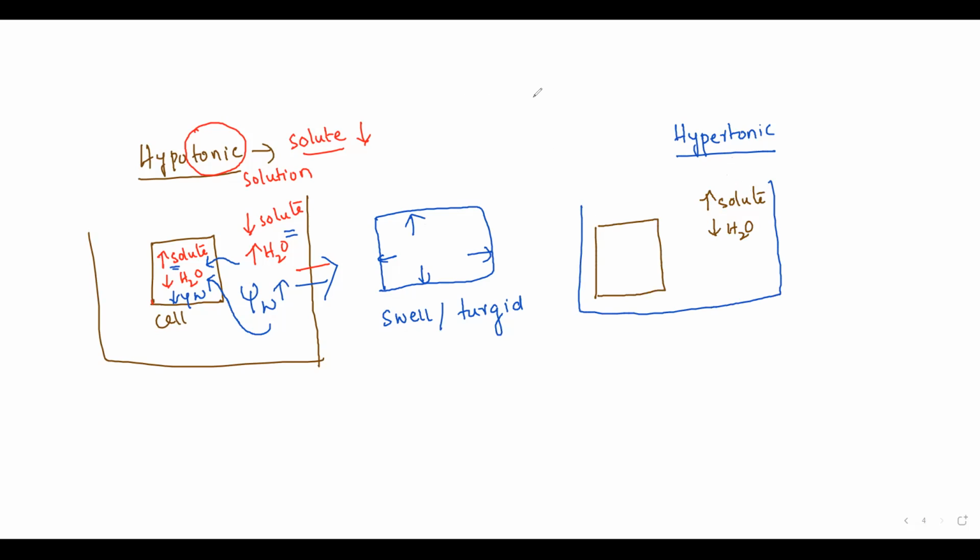What are the basic conditions in my cell when compared to the hypertonic solution? The cell has very little solute and more water. So basically it has high water potential and the solution has low water potential. So now, the water has to move from high to low water potential.